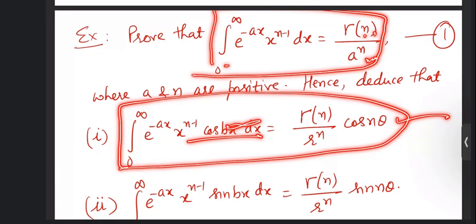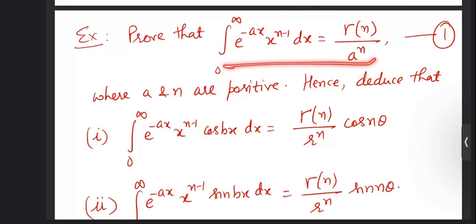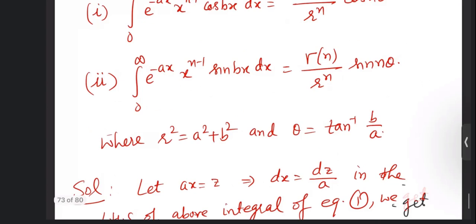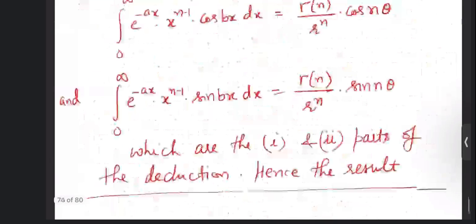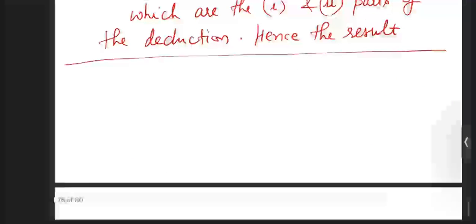Then for deduction of this by particular values of a and b, because it is true for every value of a, either it is real or complex. So we consider this a as complex. That means replace a with a plus iota b. Then we can deduce all these values. Hence the result.